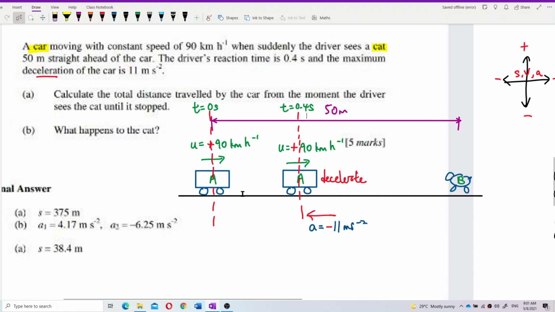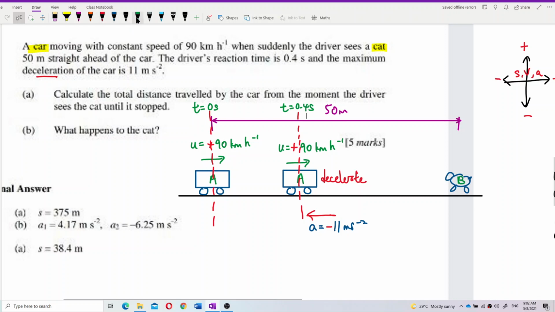No. So the velocity still remains constant. After the reaction time, only then the driver realizes the need to brake the car. So between 0 to 0.4, nothing happens. The velocity is still constant.